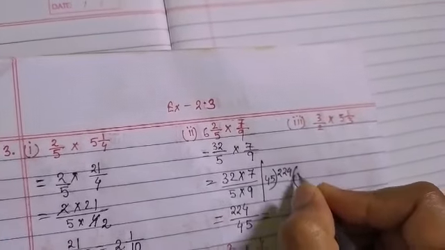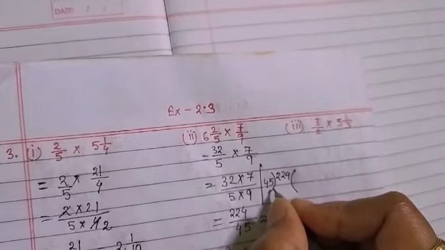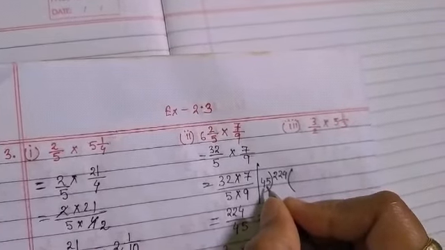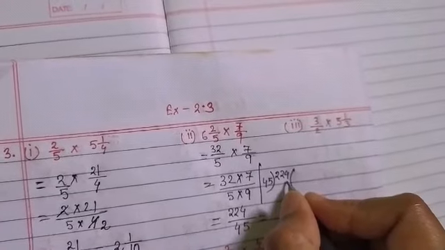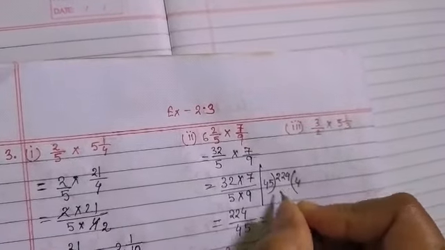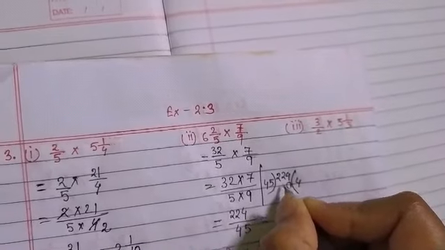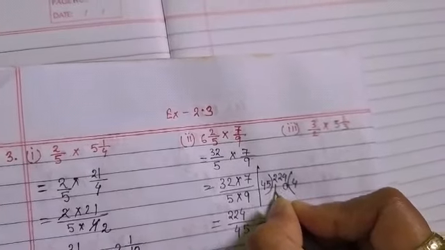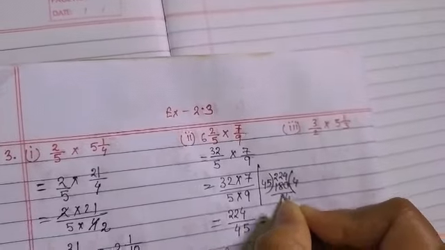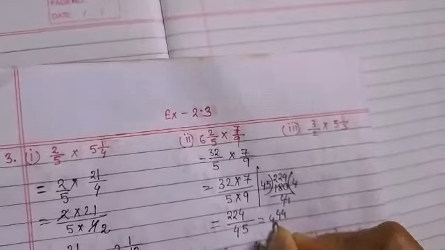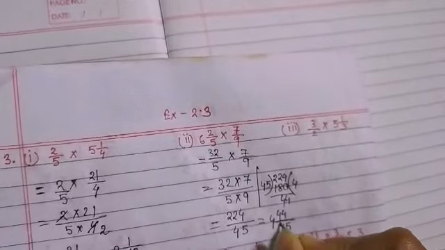This one. Then by 5, if we multiply 5 to 45, then 225 will be. So 4 will be taken here. 4 5s are 20, 2 carry, 4 4s are 16 plus 2, that means 18. 44 whole of 44 by 45.